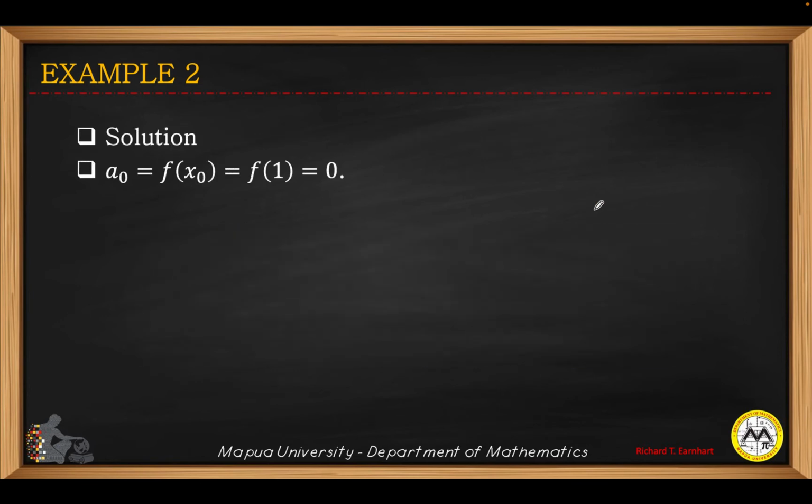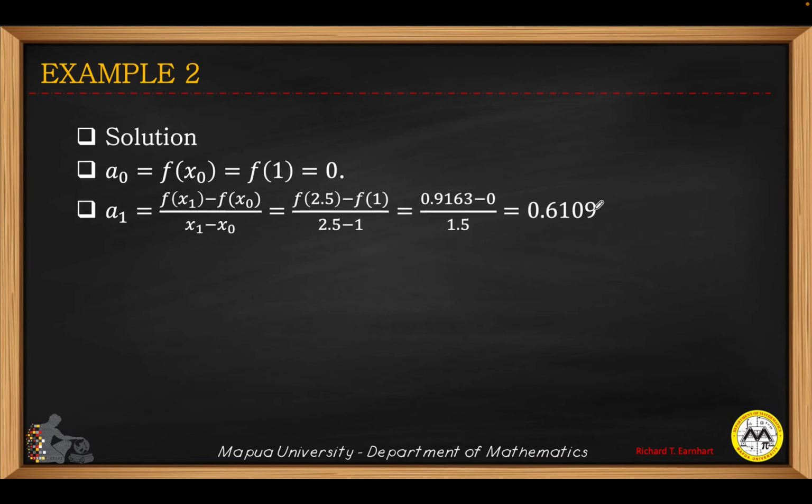Okay, so your a sub 0, or f of x sub 0, is f of 1, which is equal to 0. And then we compute for a sub 1. So this is your x sub 1 and then x sub 0.